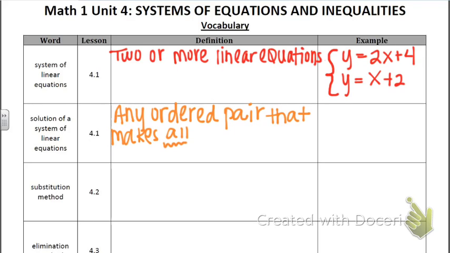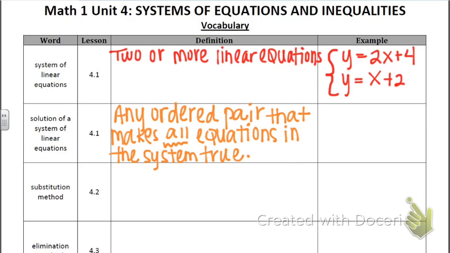So I want you to underline, highlight all. Okay, and that means that it has to make the equations true at the same time.